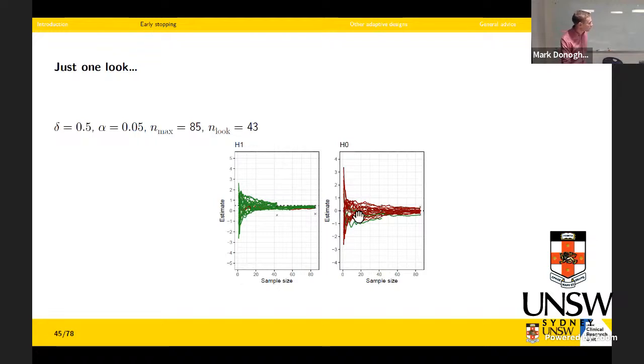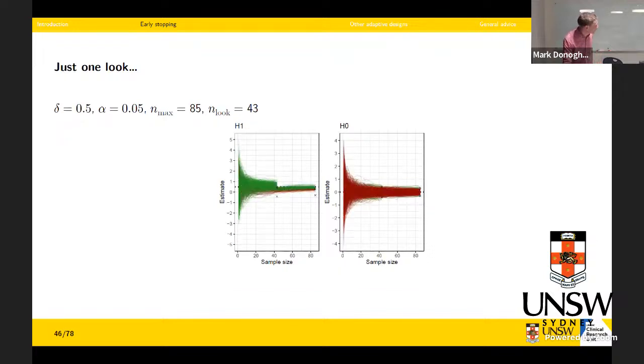So that's looking good. And in the null scenario, it looks like there's just two cases where we declared significance, one of them at the end of the 85 and one of them at halfway. So this is looking all right.